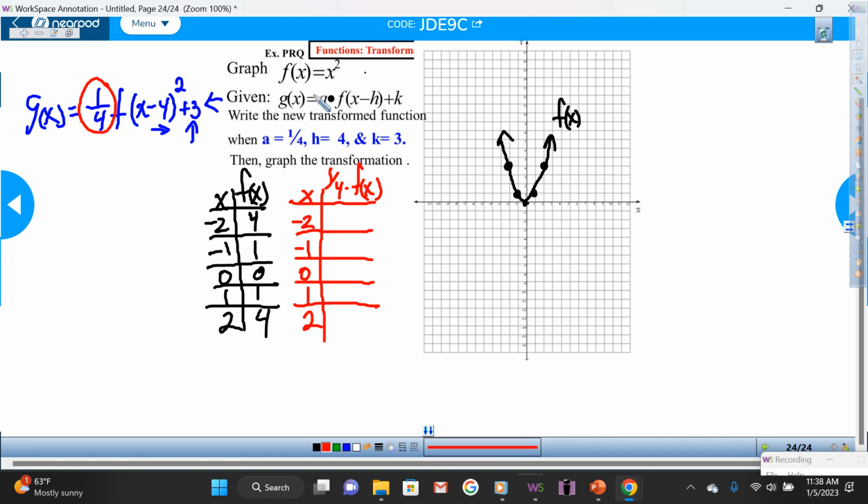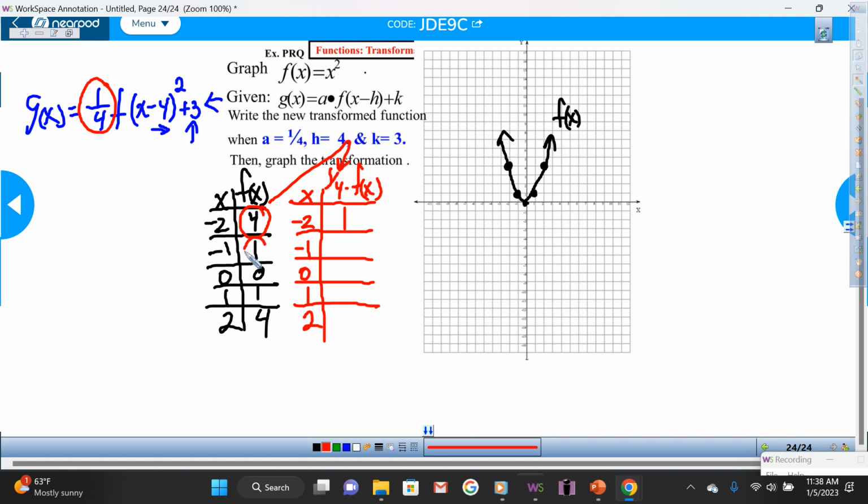Let's start with -2. Look up. Here's -2. What is f of x when it was -2? It was 4. But we're going to multiply now times 1/4. So what is 4 times 1/4? 1. That is correct.